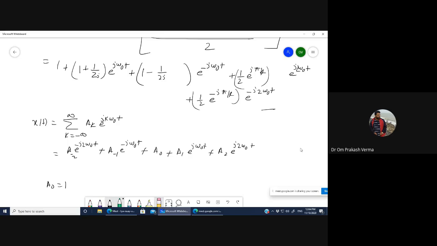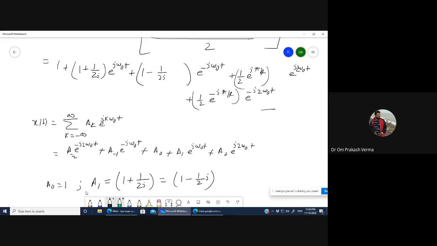However, the other coefficients: what is a1? Can anyone tell me what is a1? Sir, 1 plus 1 upon 2j. Very nice. 1 plus 1 upon 2j. Okay. And when you multiply j with the numerator and denominator, then you will get 1 minus 1 by 2j.